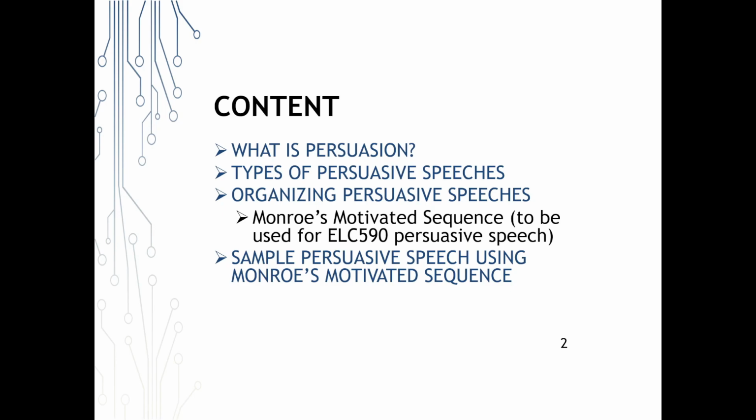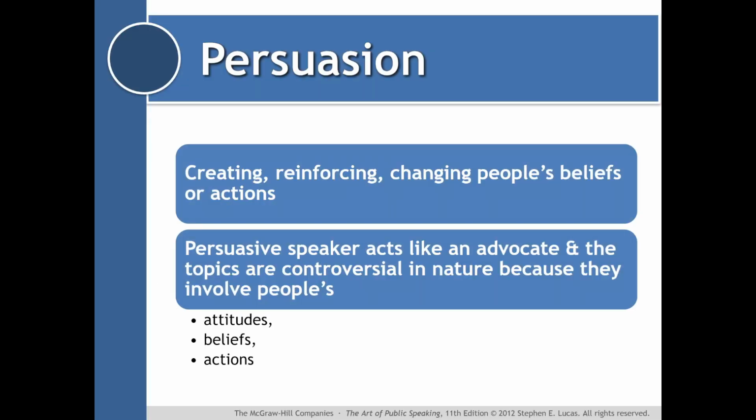Right? So let's look at what is persuasion. Persuasion is creating, reinforcing, or changing people's beliefs or actions toward something. So when you want to persuade someone, you want to ask them to do something, or maybe you want them to believe the same thing that you believe in. That is persuasion. A persuasive speaker acts as an advocate, and the topics are controversial in nature because they involve people's attitudes, beliefs, and actions.